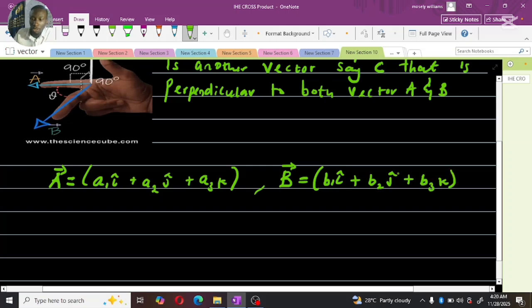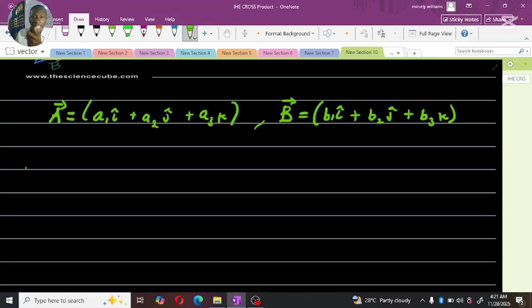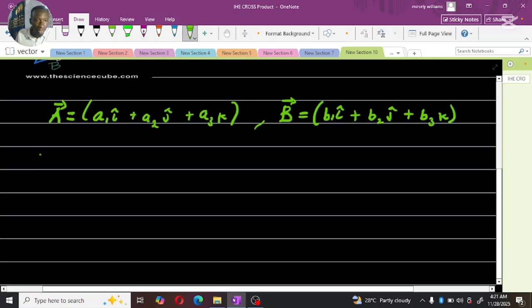The cross product of these two vectors is given by, let's say we have A cross B. We can represent them in the form of a matrix where we have i, j, and k.